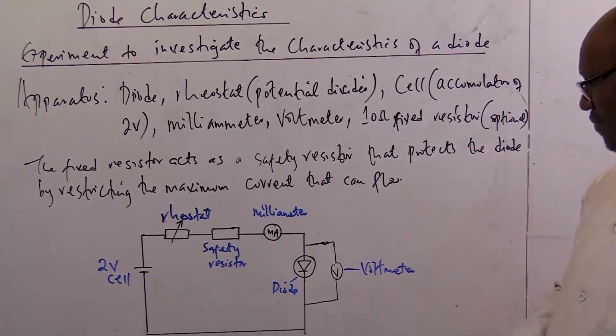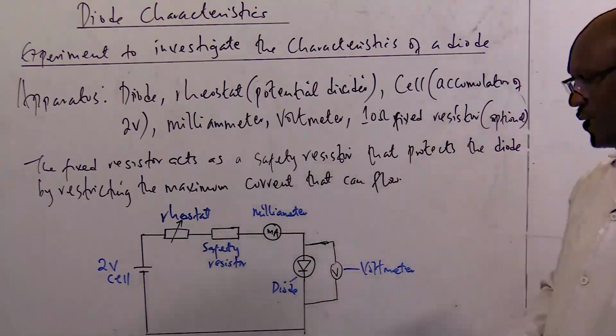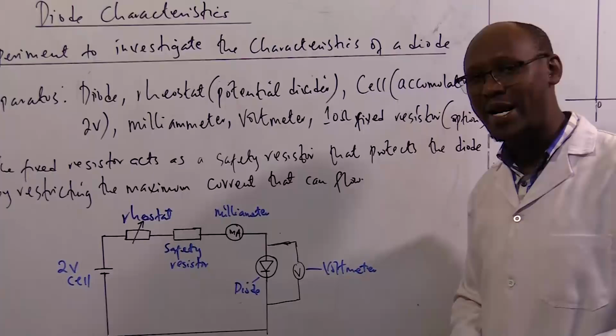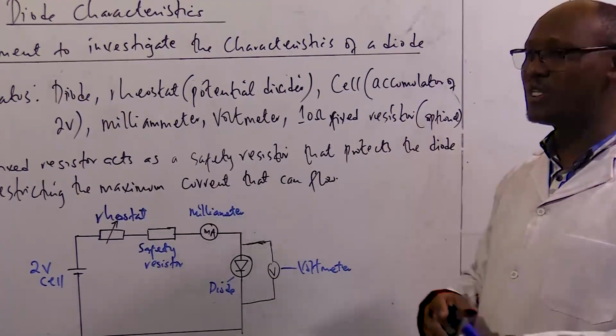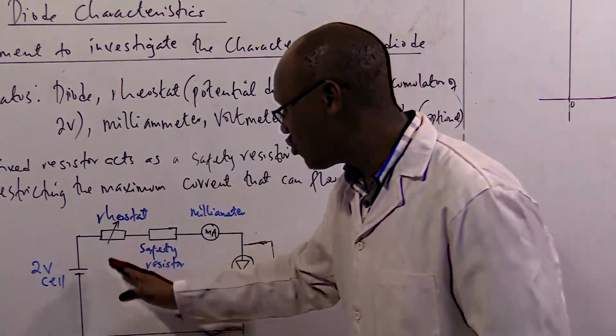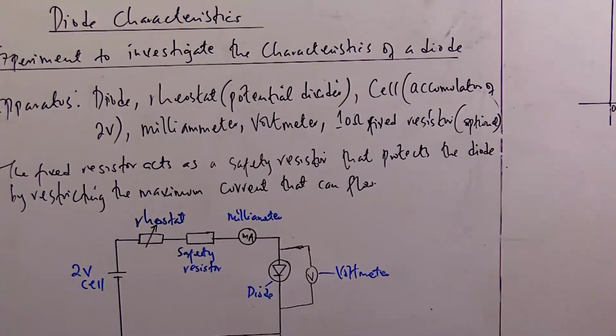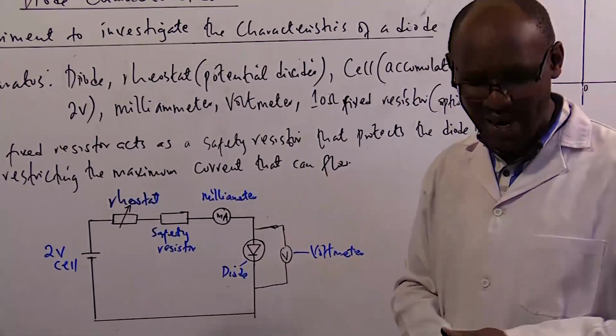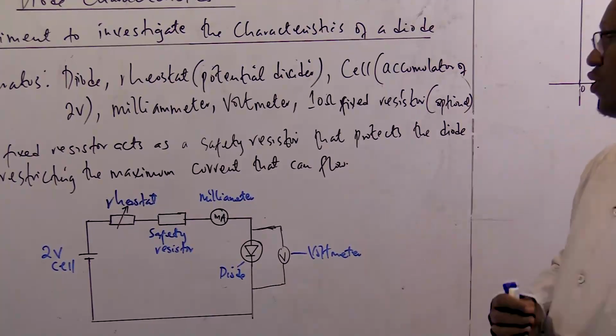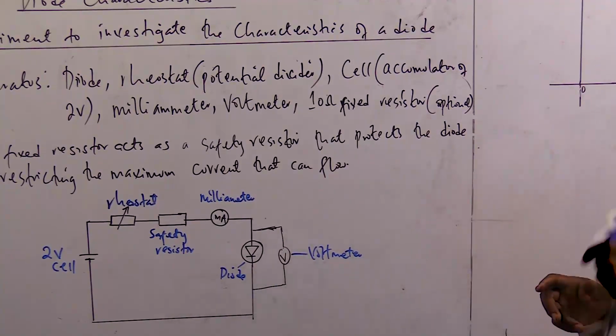Everything is in series, except of course the voltmeter, whereby it is connected across the diode so that you can be able to see the potential drop. You need to adjust your rheostat. We have said in steps of 0.1 volts.